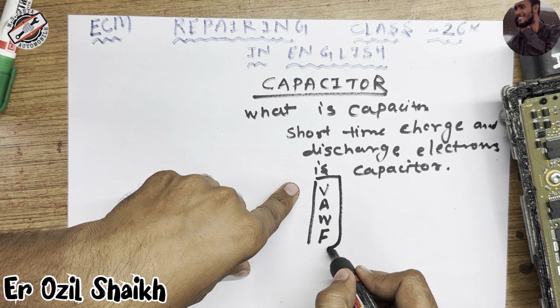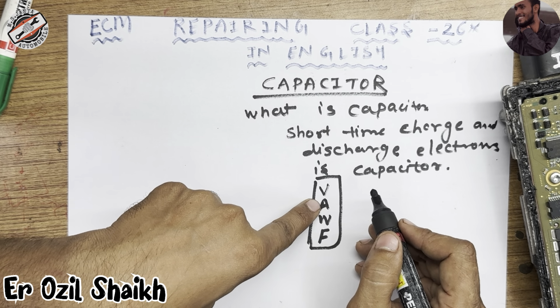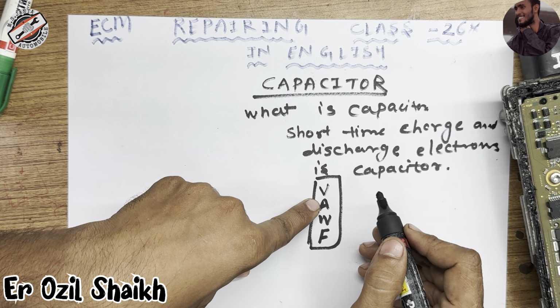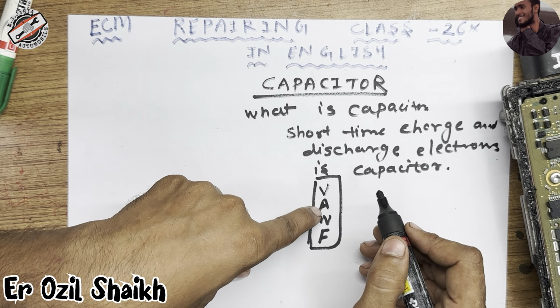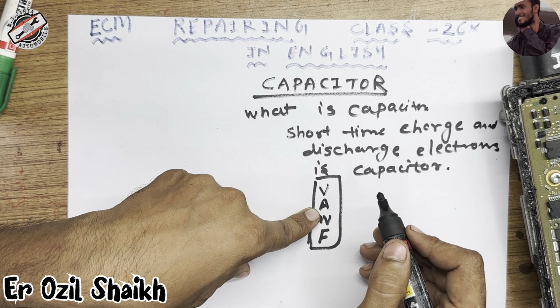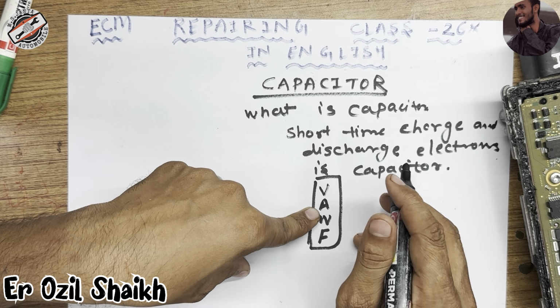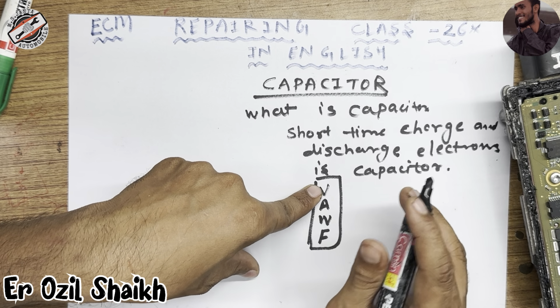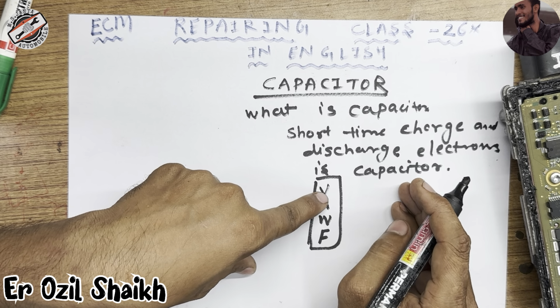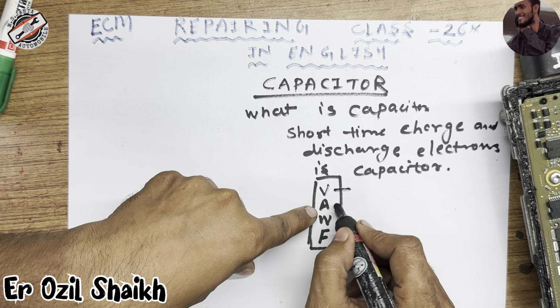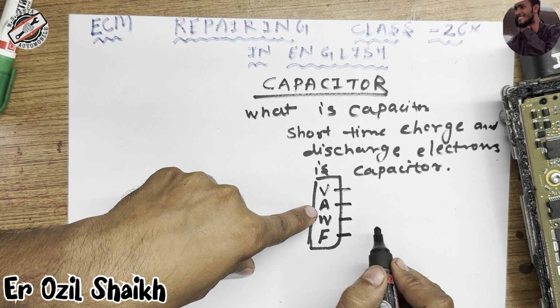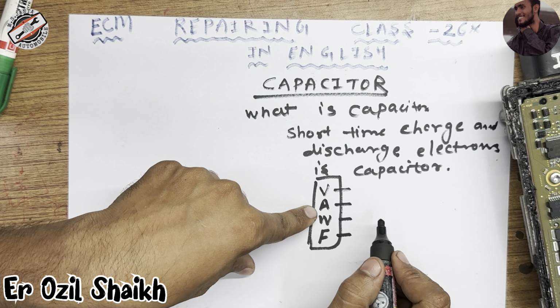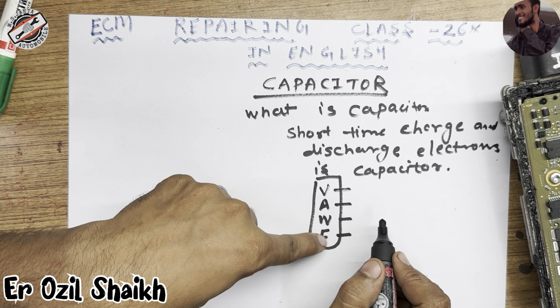These four are very useful and used in ECUs and any electronics module, but we are repairing ECUs, so we only talk about ECUs. ACM, BCM, meter cluster, whatever. So volt, ampere, watt, and farad are in very common use everywhere.